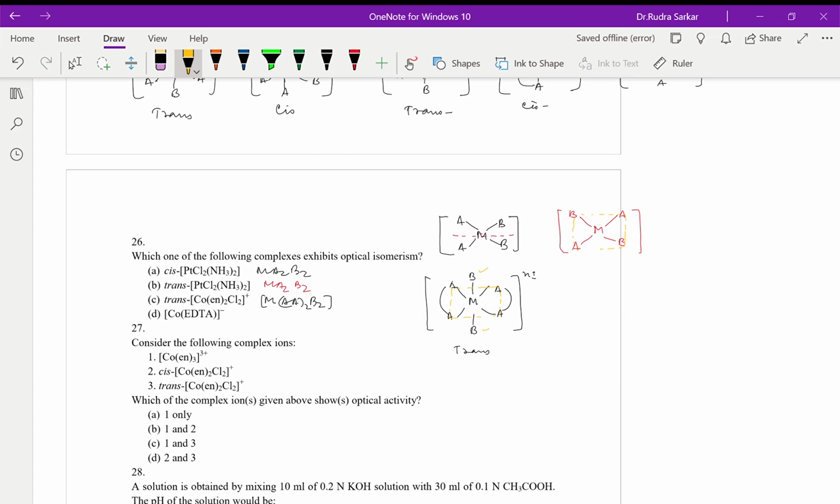For a Co-EDTA complex, if I draw the complex, it will be easier for you to understand, because you will find that there are no such sigma planes of symmetry inside it.